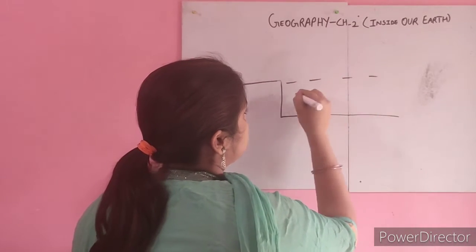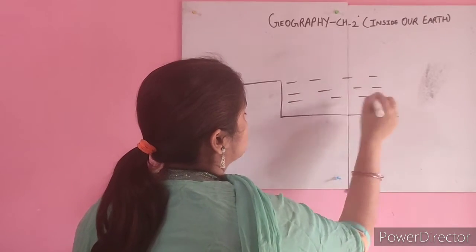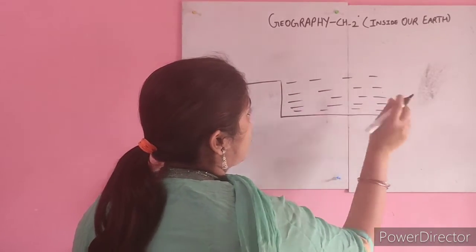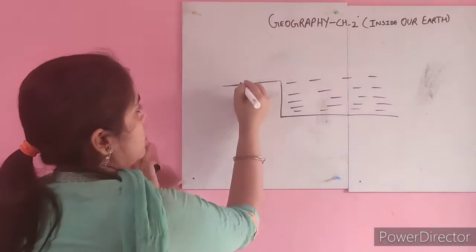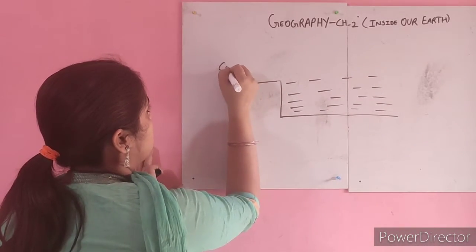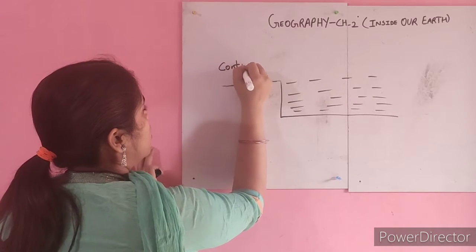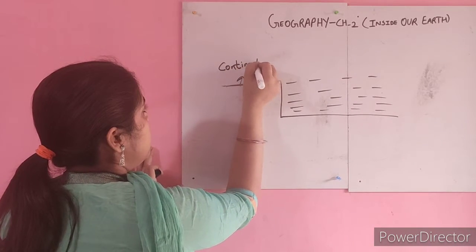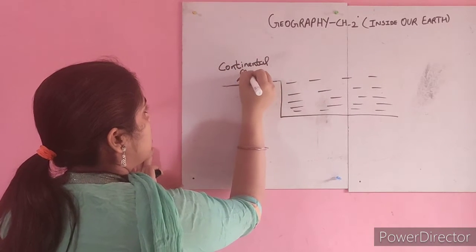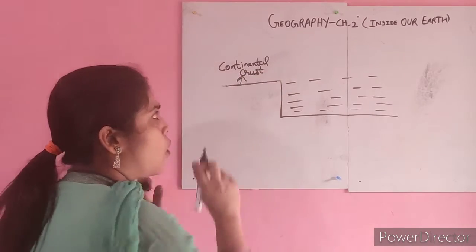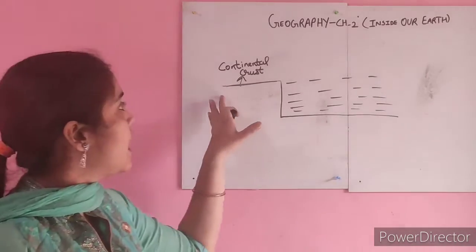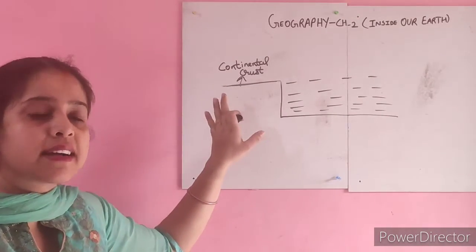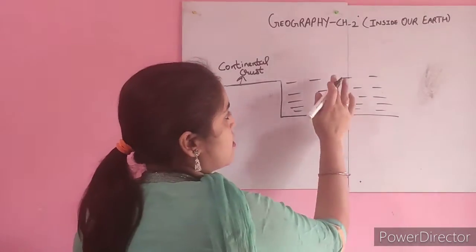Here we have full water. This is the ocean where it is full of water. Now, this is our continental crust. The land where we are standing is the continental crust, and this is the land that is below the ocean.